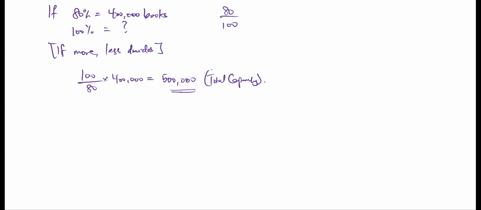Now, they're saying that if 80 over 100 gave us 400,000, then 100 over 100 will give us what? We don't know. So it becomes 100 over 100 divided by 80 over 100 times 400,000. But we know multiplication and division are reciprocals.